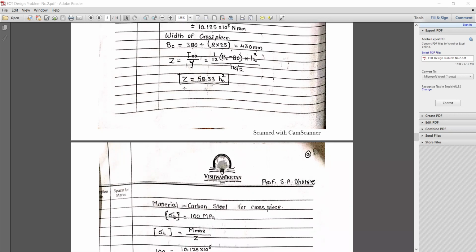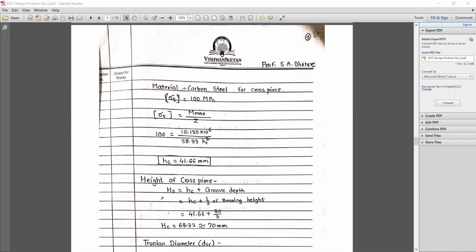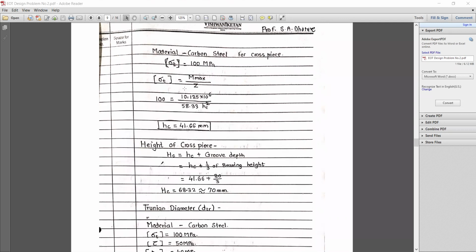We don't have a value of the height, so we have calculated the value of Z in the form of HC. What we get is 58.33 HC square.